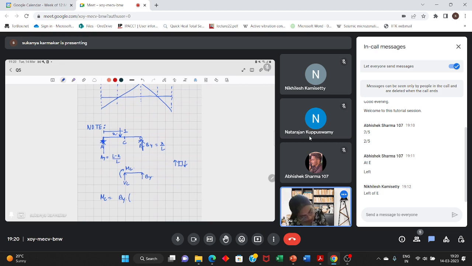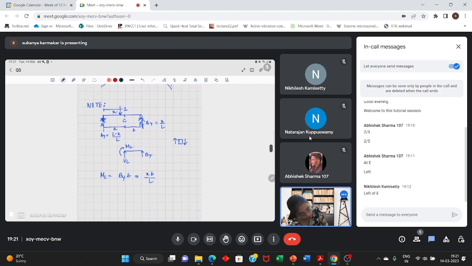Let this length be a and let this be b. So this will be By into b. What is By? x into b by L. So here x lies between 0 to a.